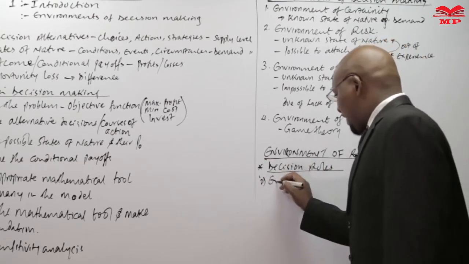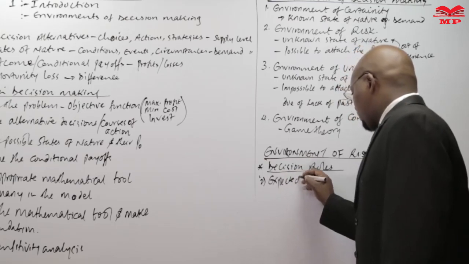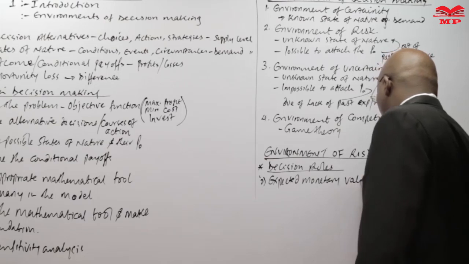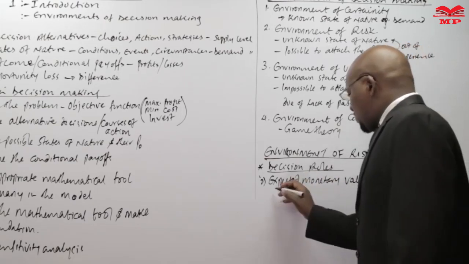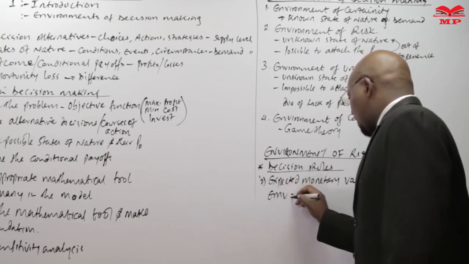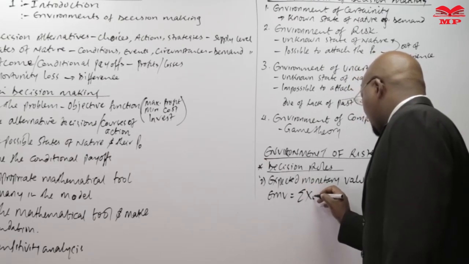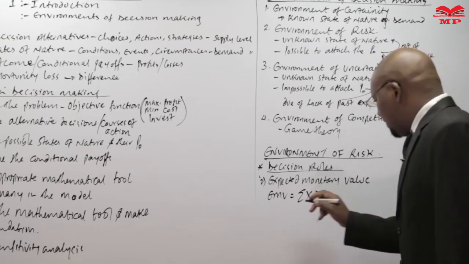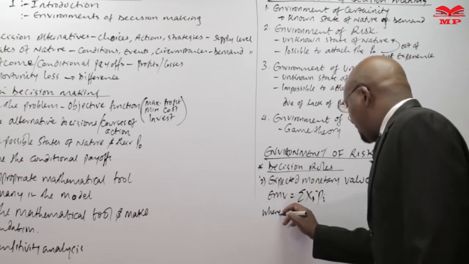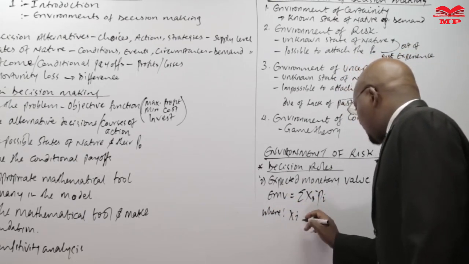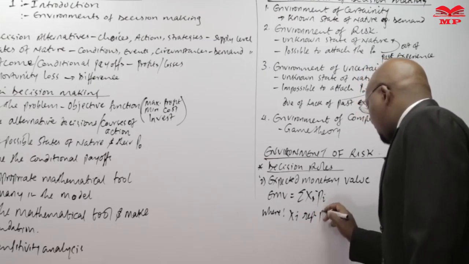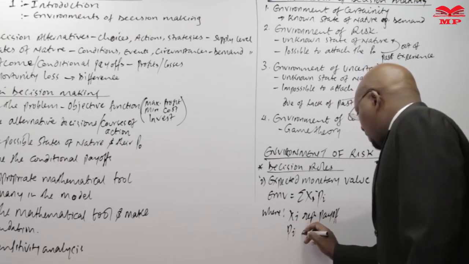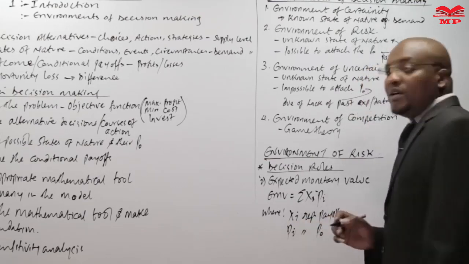We have what we call the expected monetary value. So this is EMV, which is the summation of XI, PI, where XI represents the payoff and PI represents the probability.